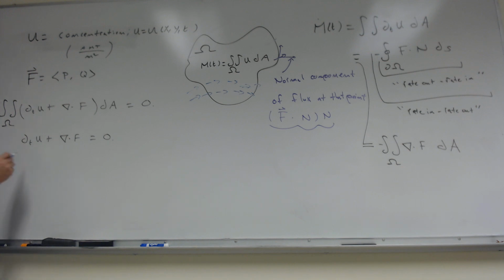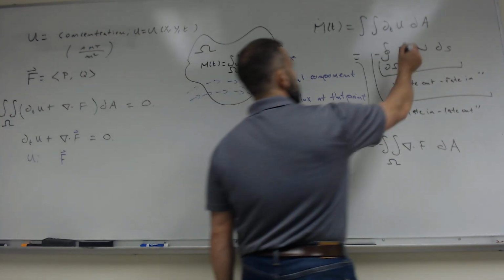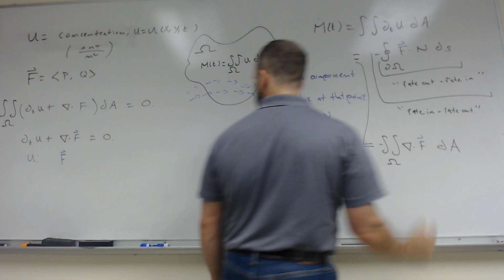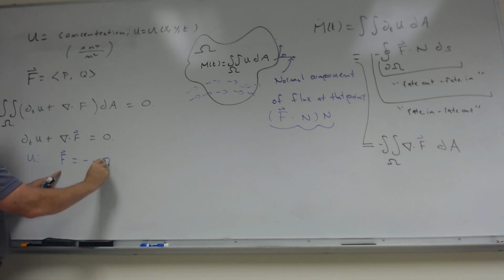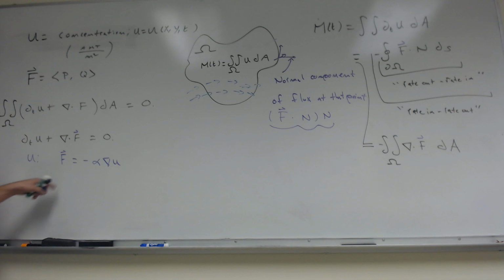Now if in addition u satisfies Fick's law, if we're looking at a diffusion situation, in other words the flux of u, and I'll go ahead and put an F here, I'm getting lazy with my arrows. So if u satisfies Fick's law, then the flux is going to be equal to minus alpha times the gradient of u.